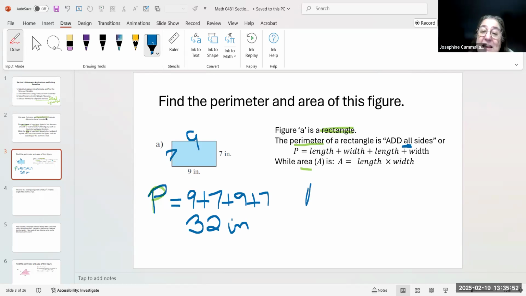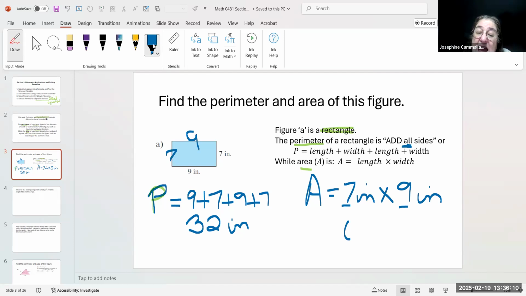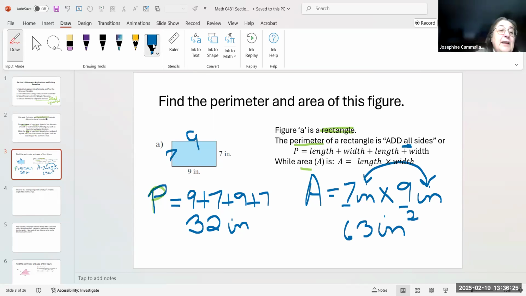Now, capital A, which is the blue color within the figure, is going to be 7 inches times 9 inches, which means 7 times 9 gives me 63. But you've got to remember to multiply the increments, which means we're introducing inches squared. Okay. Now, that's pretty easy.